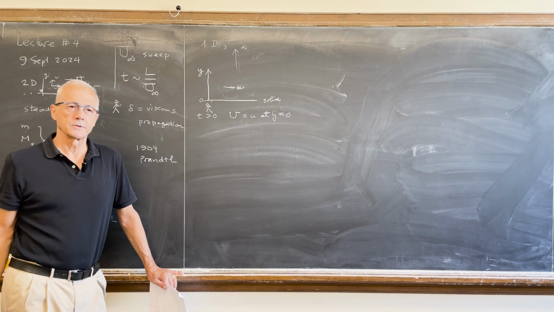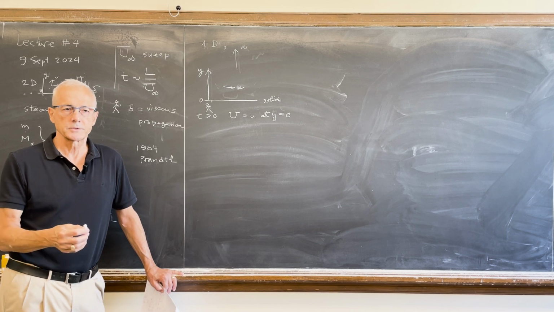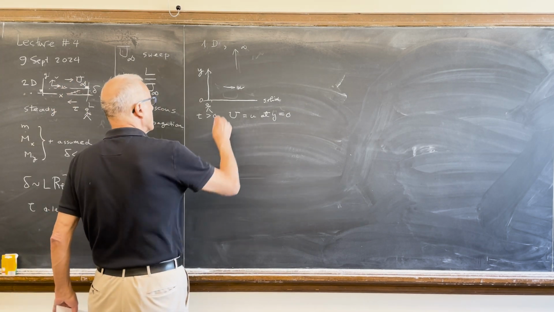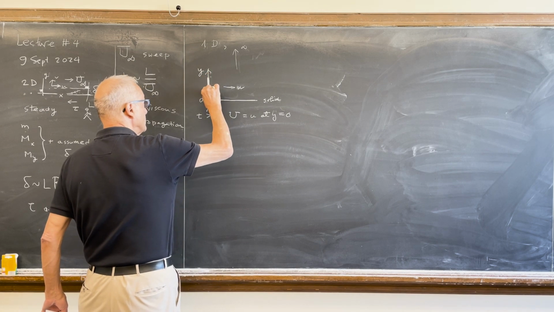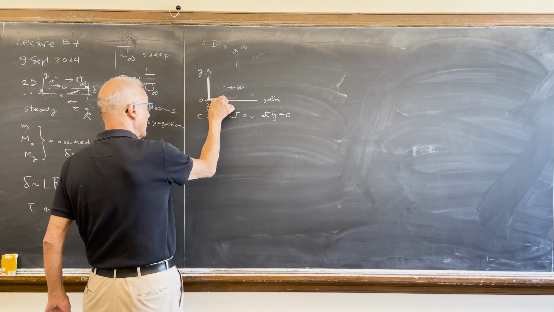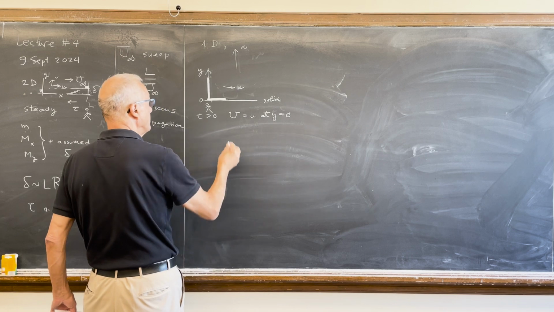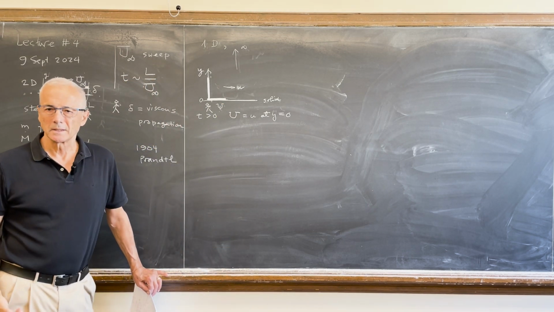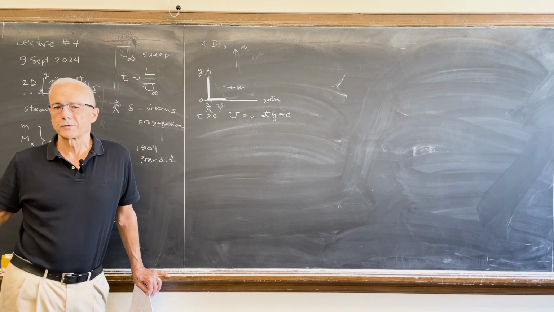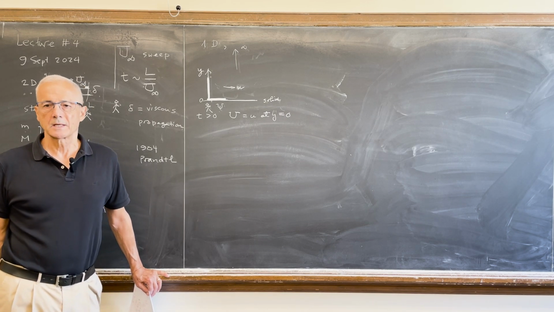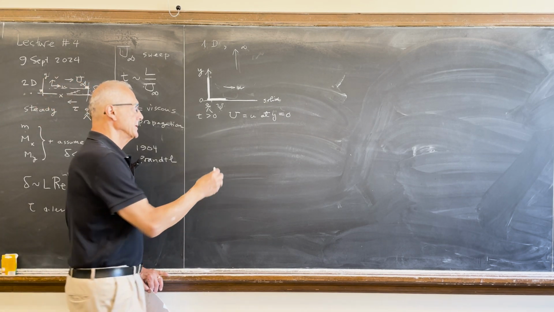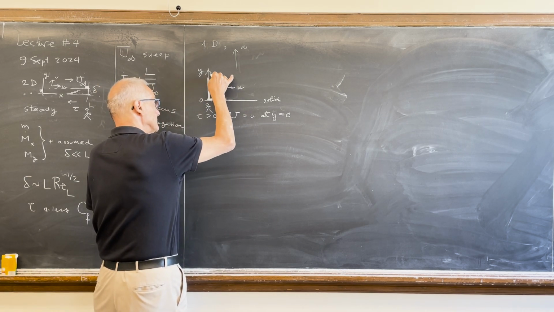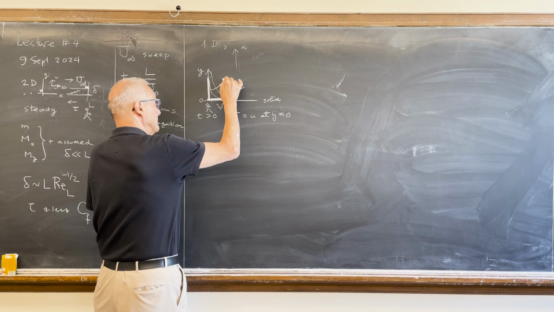So from your point of view, the velocity distribution in the fluid is initially this way, meaning 0, even though the wall is moving to the right with a velocity U. But in time, a thicker and thicker layer of fluid feels the movement of the wall. So in time, this is what's happening.